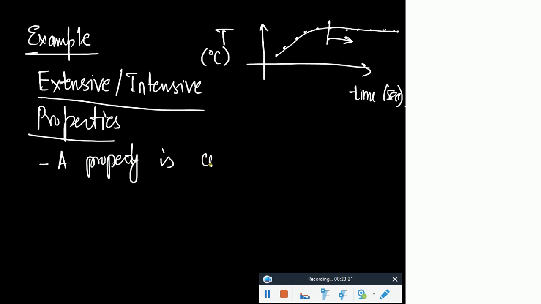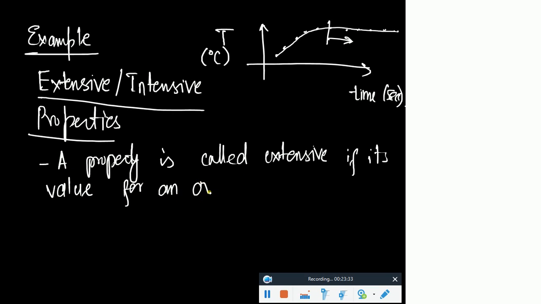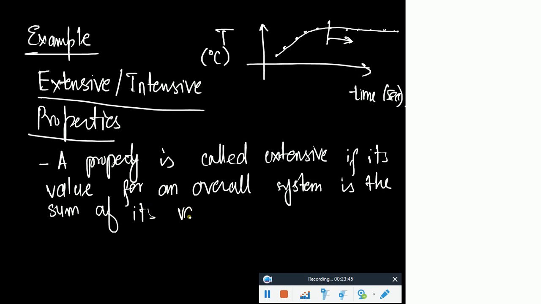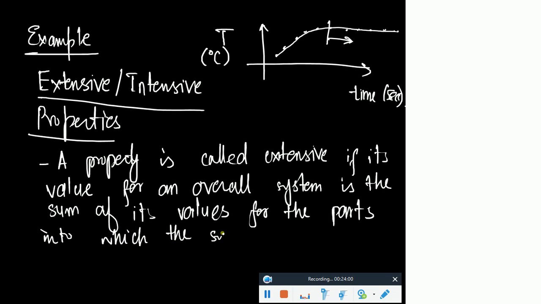A property is called extensive if its value for an overall system is the sum of its values for the parts into which the system is divided.